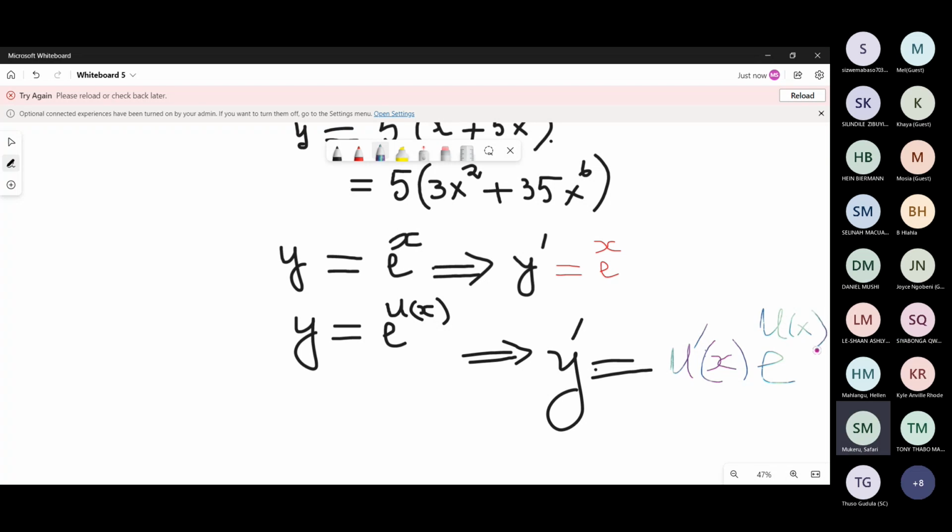Good. This is how you find this derivative. You keep the same thing here, but you multiply by the derivative of the exponent u prime.